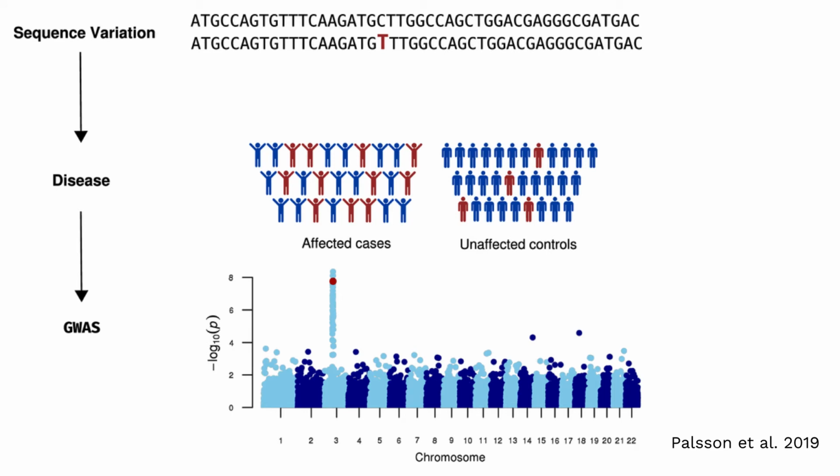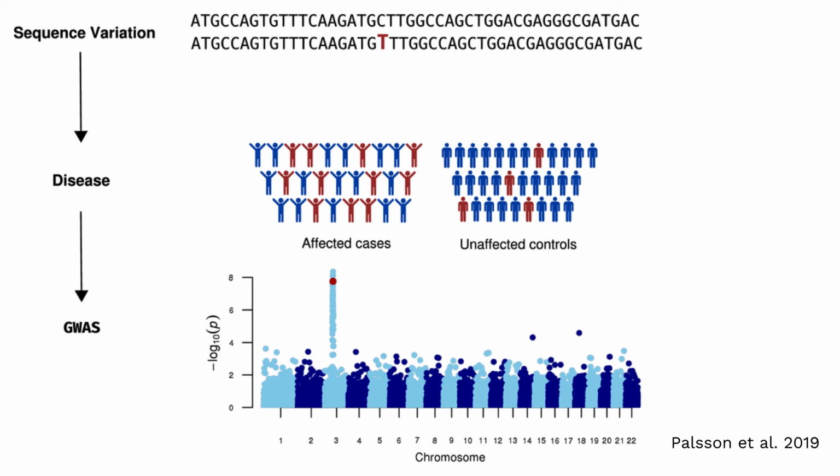So you look across the genome and measure or read some kind of sequence variation. This might be whole genomes, might be whole exomes. Quite often it's done with SNP genotyping arrays that allow you to read SNPs, or single nucleotide polymorphisms. And then you sequence this in two different cohorts.